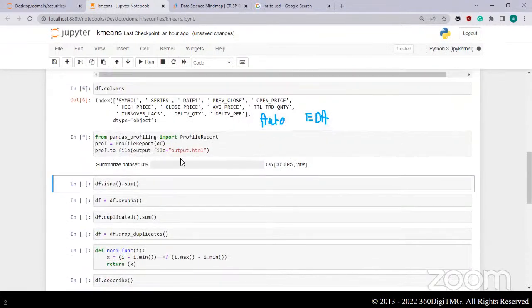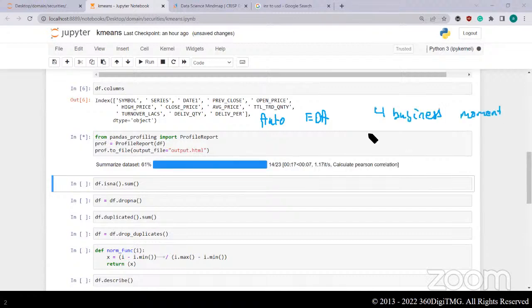In auto EDA, it will go through your data sets and do the four business moment decisions. It will do some graphs as well, basic graphs, not very intuitive. It will also draw some correlation metrics to see what the correlation is between variables.